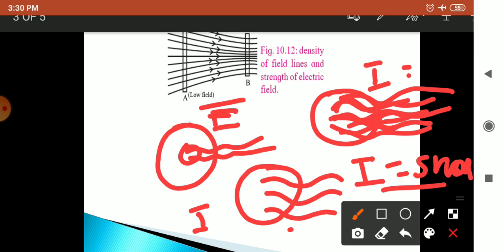Then the eighth characteristic: the lines of force of a uniform electric field are parallel to each other and are equally spaced.